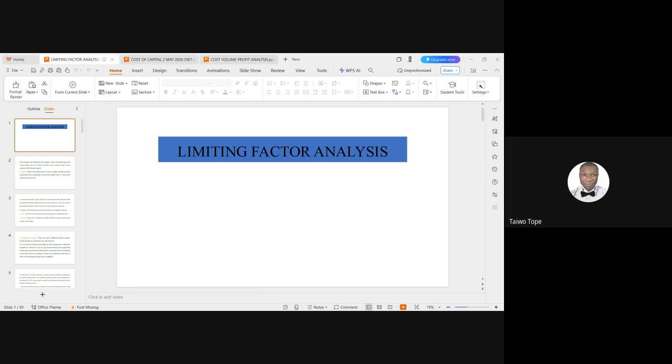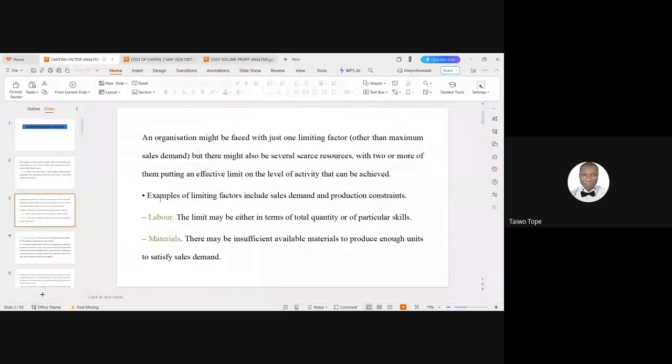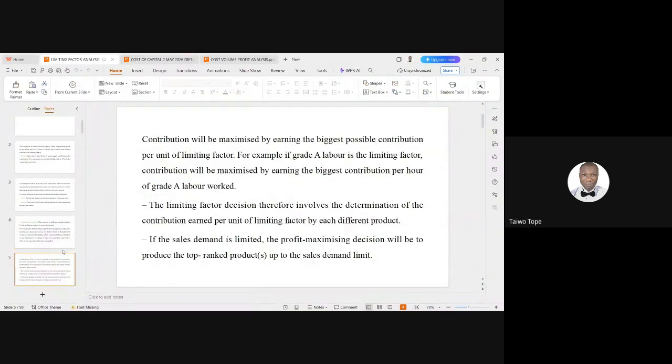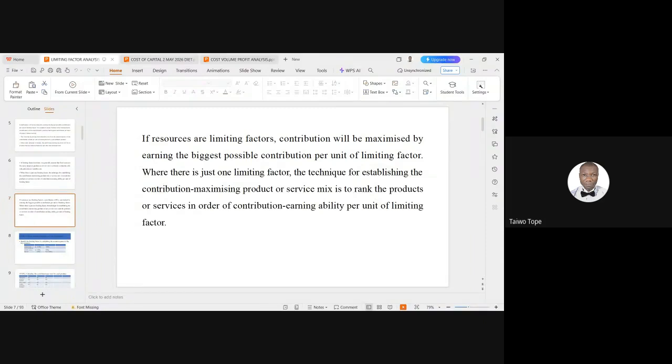In order not to bore us too much, based on the slide, I explained what limiting factor is all about and examples of limiting factors such as labor, materials, the capacity of the organization, and so on and so forth. So, for you to solve a limiting factor question, there are steps you must follow. And once you follow these steps, you'll be fine.